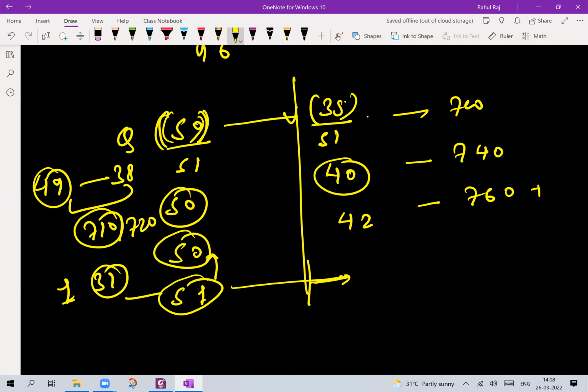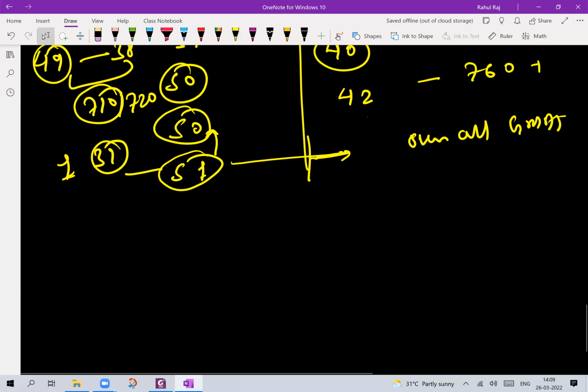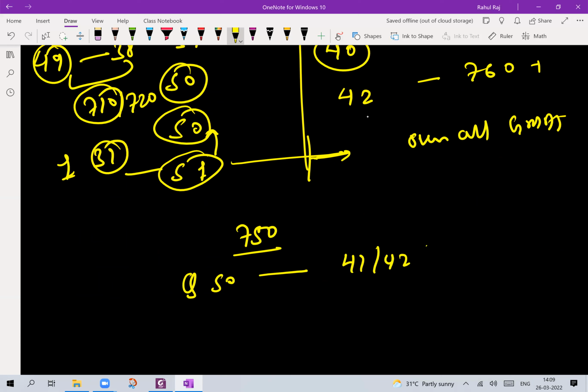So if at all you are looking for a good score, verbal score is extremely important from the perspective of increasing your overall GMAT score. And quant score is extremely important from your admits perspective. When you go for a college, they want your quant score to be high. You can get 750 by having quant 50 and verbal 41, 42, or even 40.